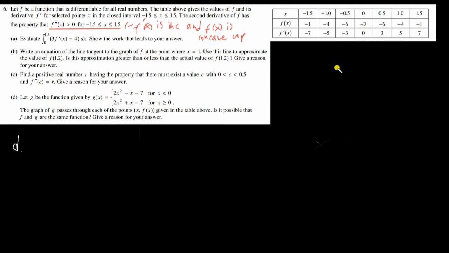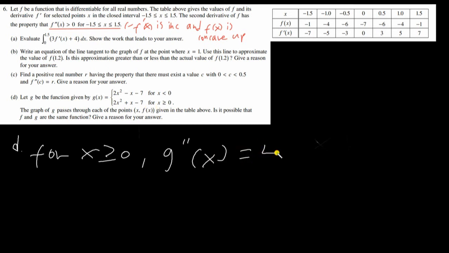The one that seems simplest to me after thinking about it for a bit is that, okay, so we know that if we look at g of x, for x greater than or equal to 0, if we take the second derivative of g of x, it's going to be equal to 4, right?